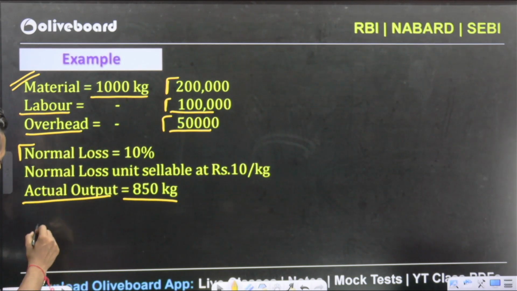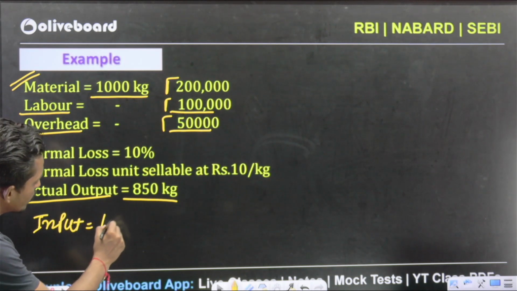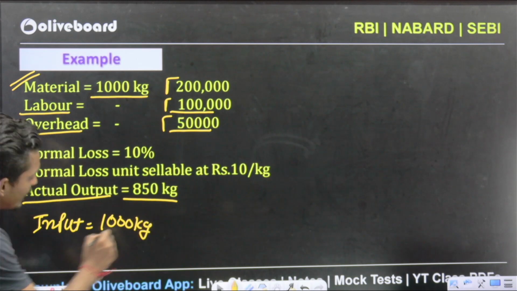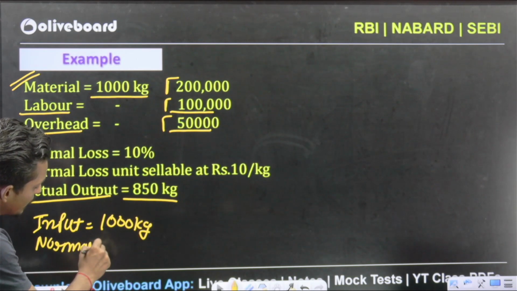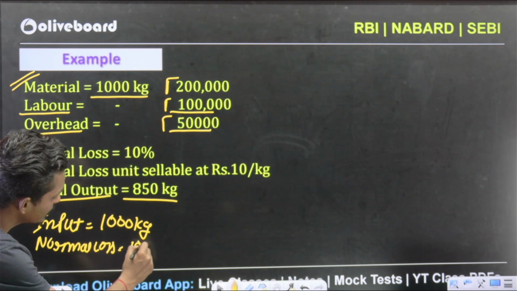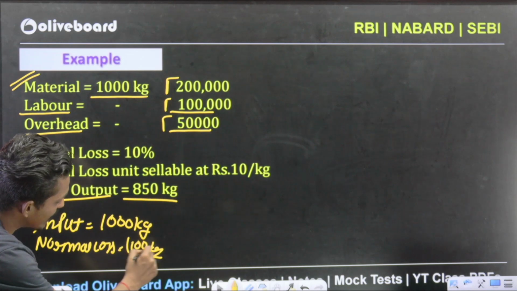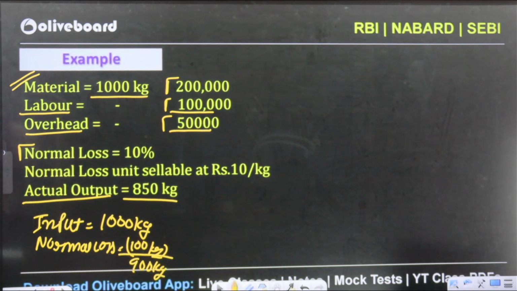When I have introduced an input of 1000 kg, I have a normal loss of 10%, so you can see here 100 kg, which leaves 900 kg of output.